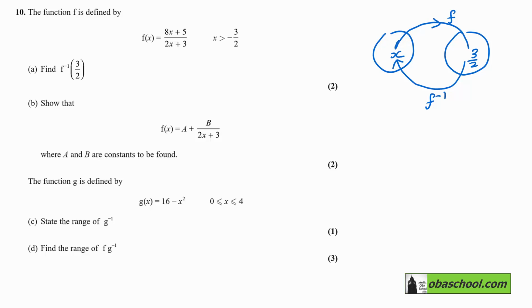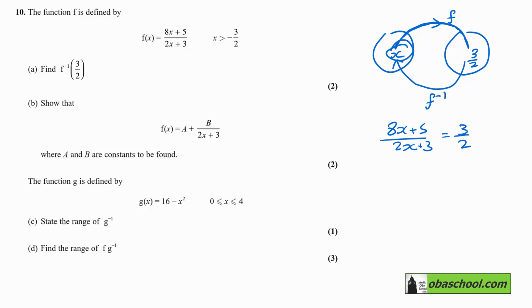But that value of x put into f is going to give us 3 over 2 over here. So we could just do (8x plus 5) over (2x plus 3) equals 3 over 2, and solving for that will give us the value of x here.